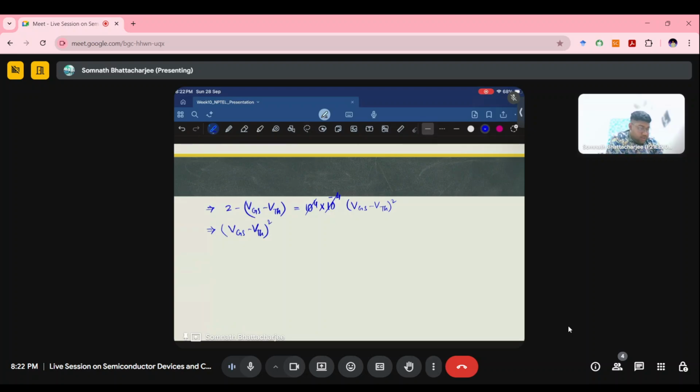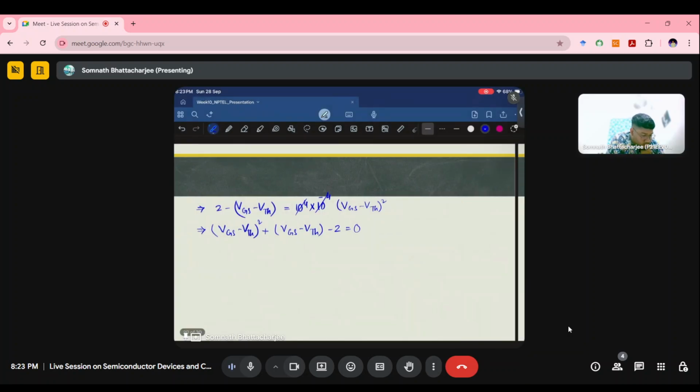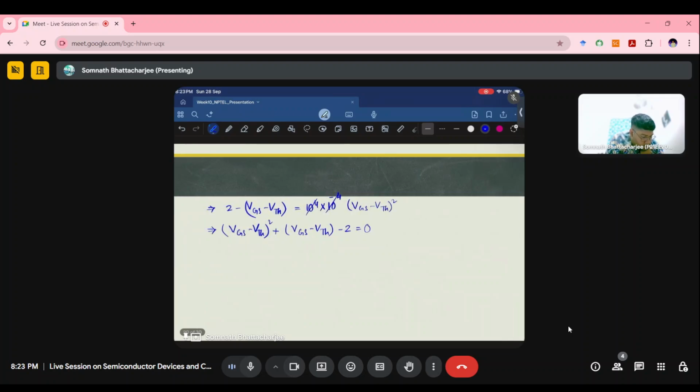Okay, so now this is simple: VGS minus VTH whole square minus 2. This is a simple equation and it can be solved here. The better thing would be to just put the values here for now.